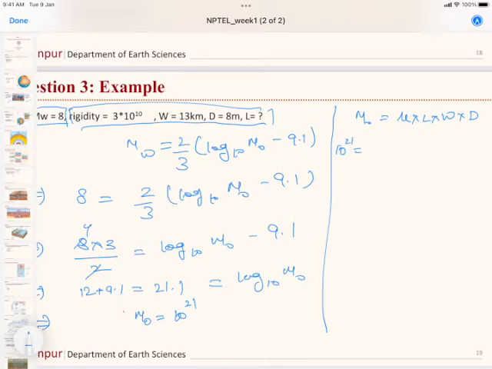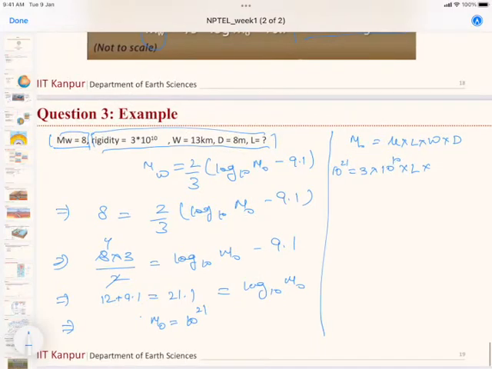Now we know the shear modulus, which is equal to 3 into 10 to the power 10. This length we need to calculate, so I'm keeping it as L, and W, that is the width of that rupture area, we know is 13 kilometers, but since we are dealing in SI units, we will convert these 13 kilometers into meters, so it would be 13 into 10 to the power 3, and we have D as 8 meters.